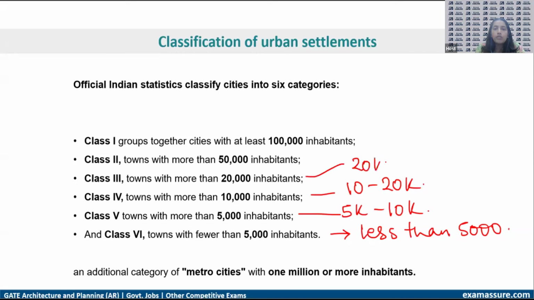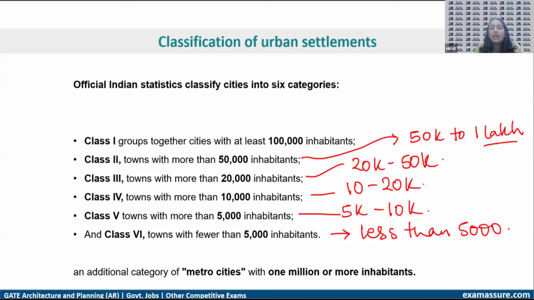Between 20 to 50,000 population are class 3 towns. 50,000 to 1 lakh are your class 2 towns, and above 1 lakh are your class 1 towns. So this is being used in Maharashtra as well, where different municipal corporations, municipalities, nagar panchayats, etc., have also been defined as class 1, 2, 3, 4, etc.